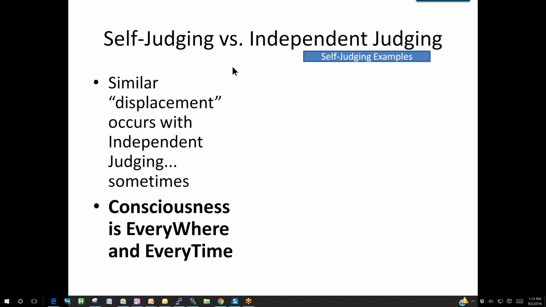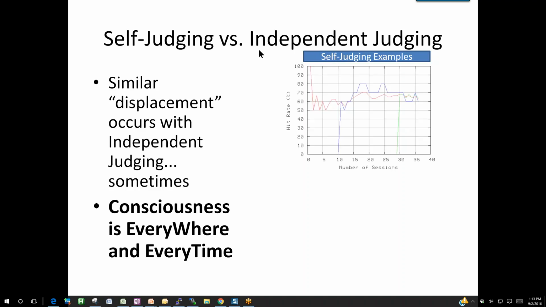On the other hand, if you work with the same independent judge for long enough, they'll get to know your approach as well. So I am an advocate for it, but I'm not taking anything away from those that want to do independent judging. Here are hit rates for people who do independent judging.